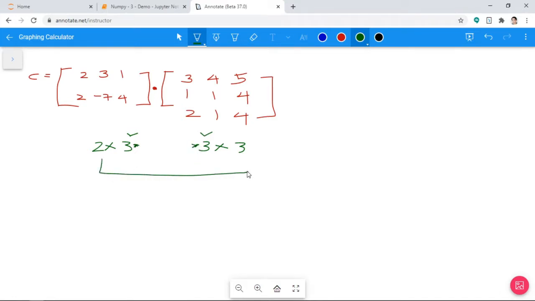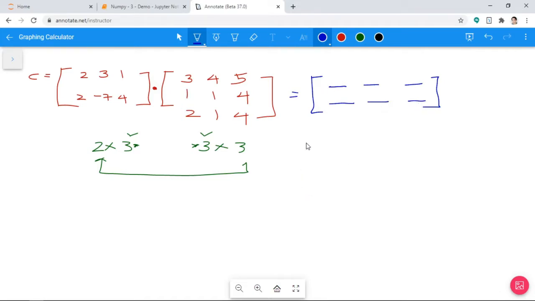The result will be a 2 by 3 matrix. So we have 2 rows and 3 columns, so we are expecting 6 numbers here.